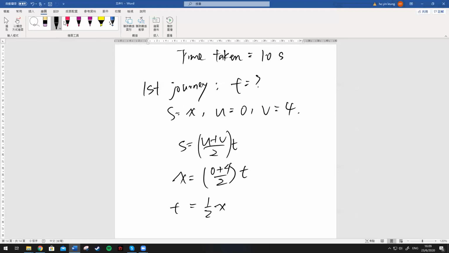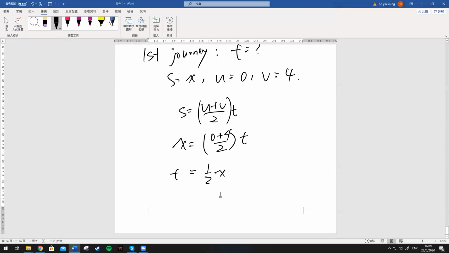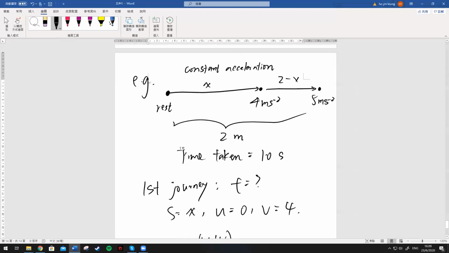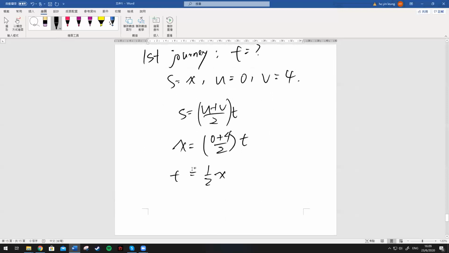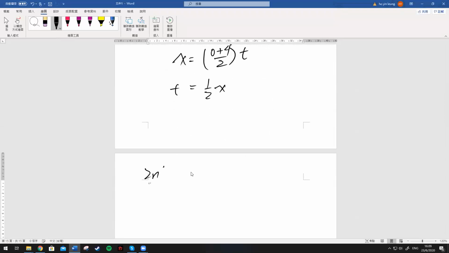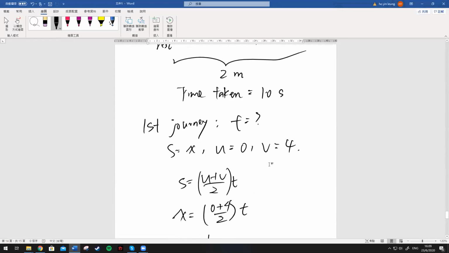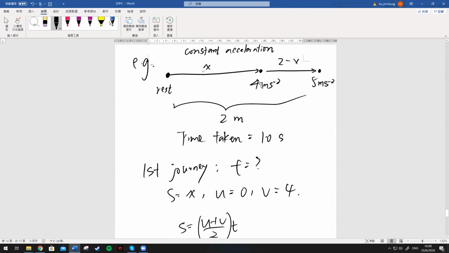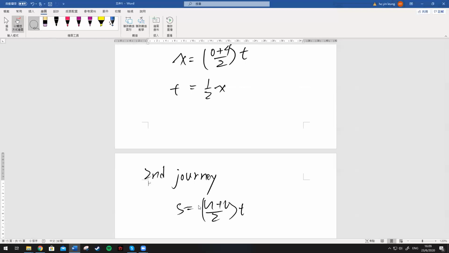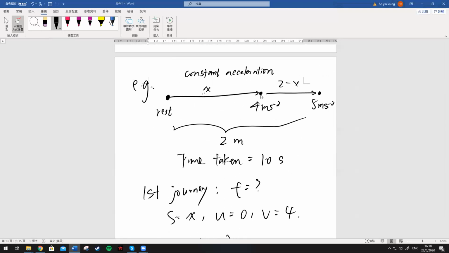Again, for the second journey, we use the same formula, s equals (u plus v) over 2 times t. Now this 4 is not the final velocity, it is the initial velocity for this journey. That's why I was saying it was subtle about the initial. It depends on what you're talking about: if we're talking about here, this is the initial; if you're talking about here, this is the initial.